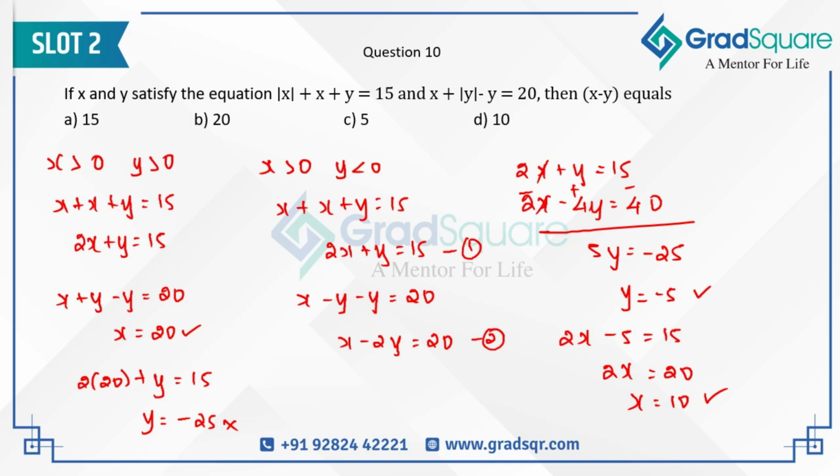We have no option that says that. So that means we don't have to check any other cases. So if x value is 10 and y value is minus 5, then x minus y will become 10 minus of minus 5, which is 10 plus 5, equal to 15. Option A is the answer for this question.